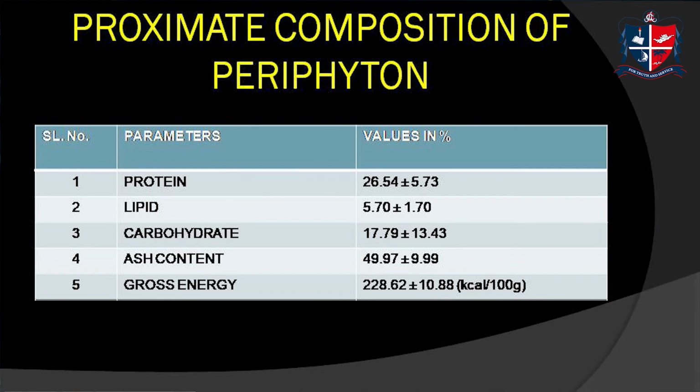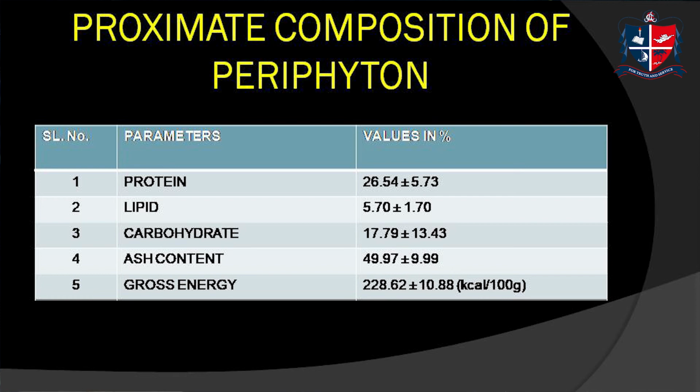I am presenting here a table with respect to the proximate composition of periphyton, and you can see in the table, the first one is with respect to protein, and the protein of the periphyton community is 26.54 plus or minus 5.73%. And lipid in periphyton is around 5.70 plus or minus 1.70%.